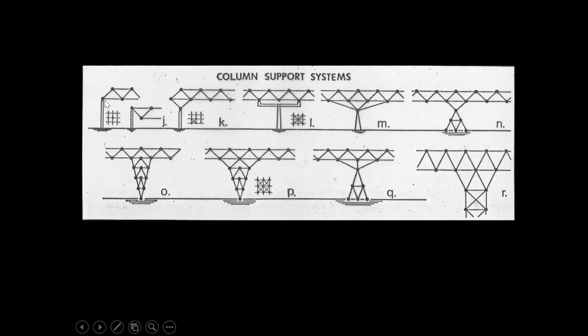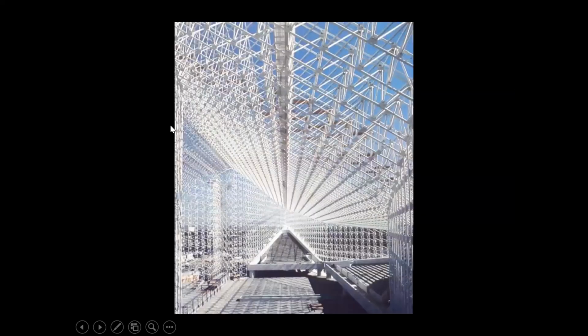And we support these structures. We must always have the column or support under one of these joints or nodes. Here's a typical space frame structure spanning a large atrium area in a building in the US.